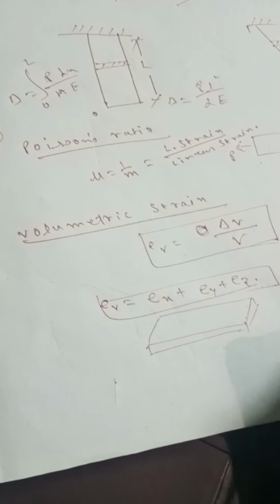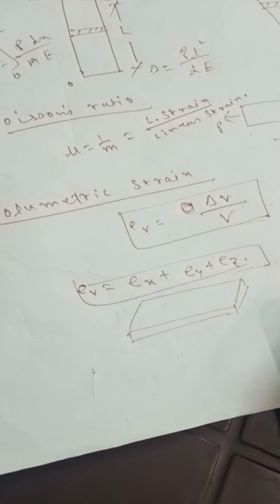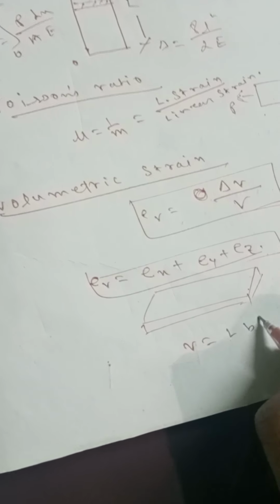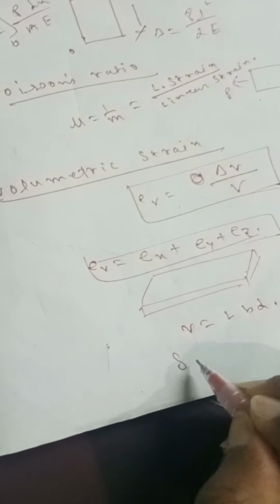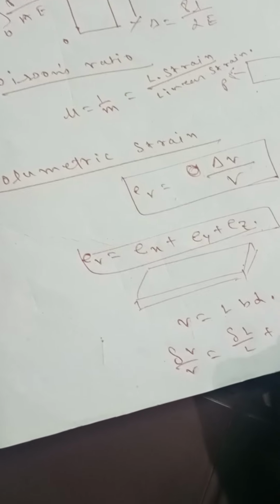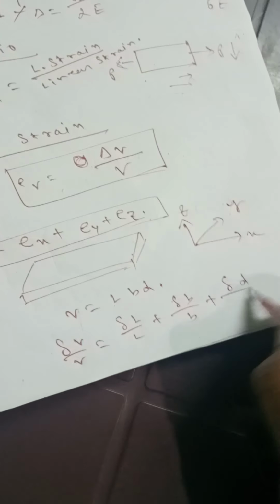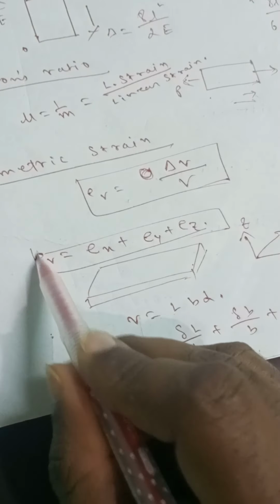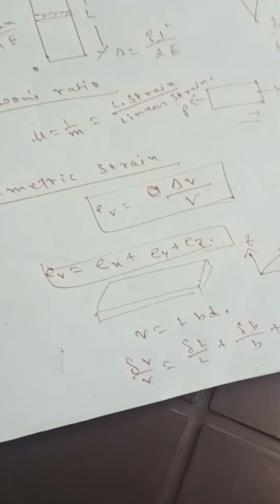If I consider three directions, say this is x, this is y, and this is z, then its volume will be LBD. So if I find del V by V, I will get del L by L plus del B by B plus del D by D. So I can prove that volumetric strain is the sum of strain in three mutually perpendicular directions. Okay.